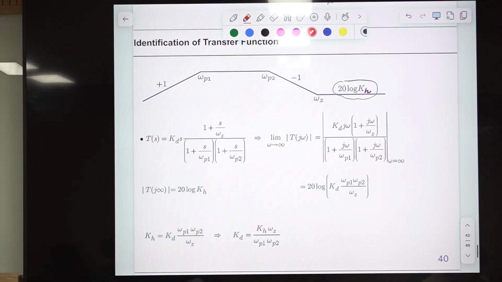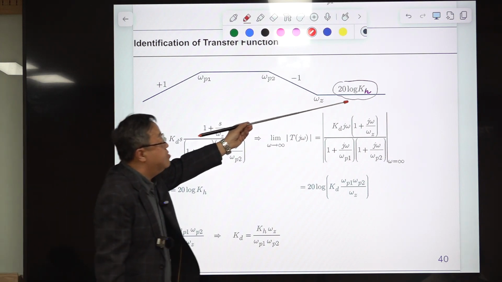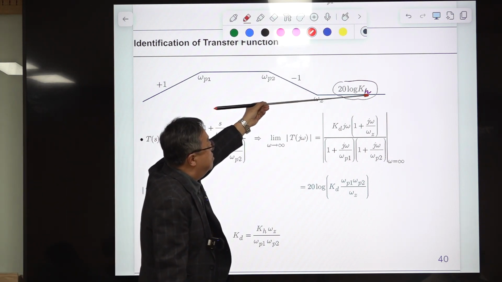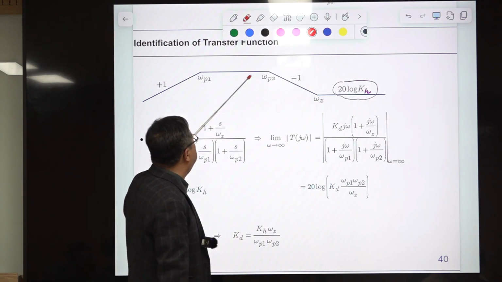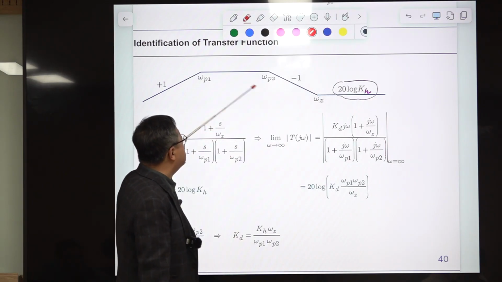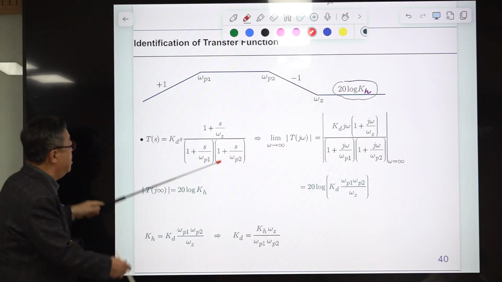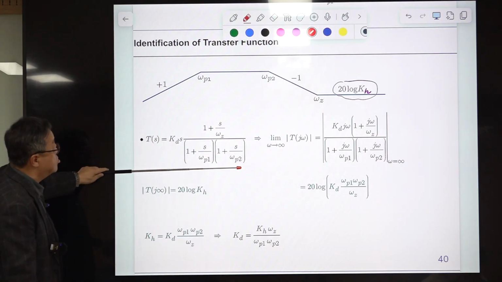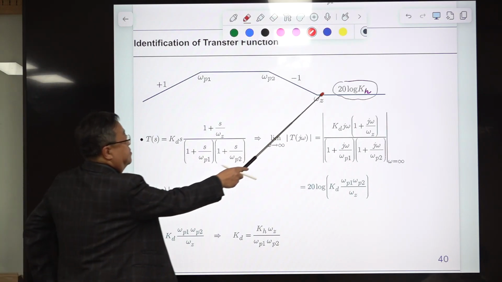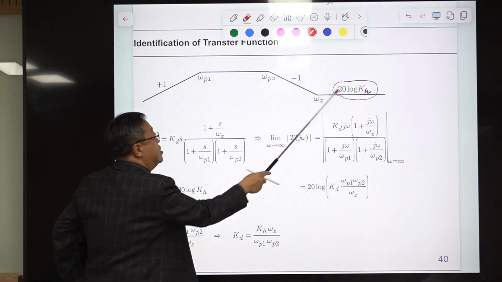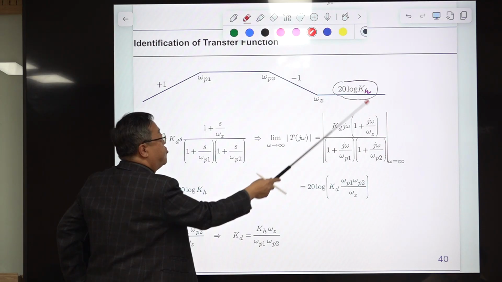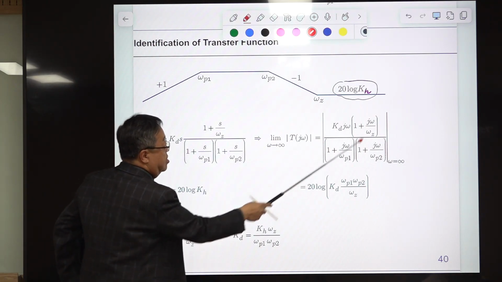We have the same example. Okay, but here somehow you want to use this value. So this is known, and this corner frequency is known already. Maybe this will be known, but you use this one this time. Then TS is the same as the previous one, and you use the high frequency value of this transfer function, which is this one.